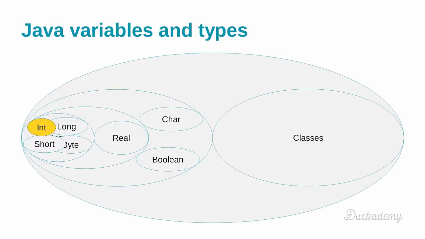So the smallest one is the byte. It can contain only tiny numbers. Short is bigger, int is bigger than the short, and the long is the biggest. And among the real types, there are two. The float is the smaller type, and the double is the bigger type. In most cases we will use the int and the double.